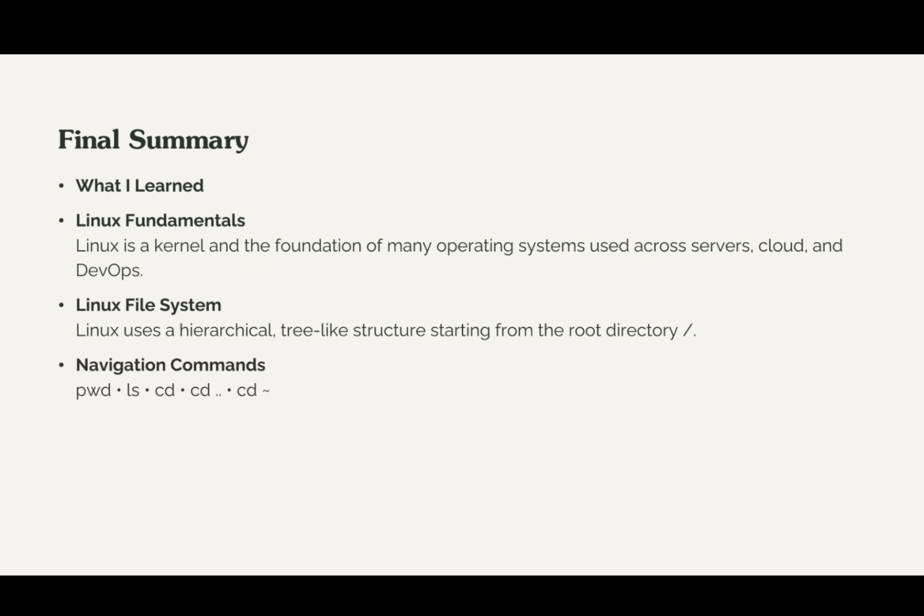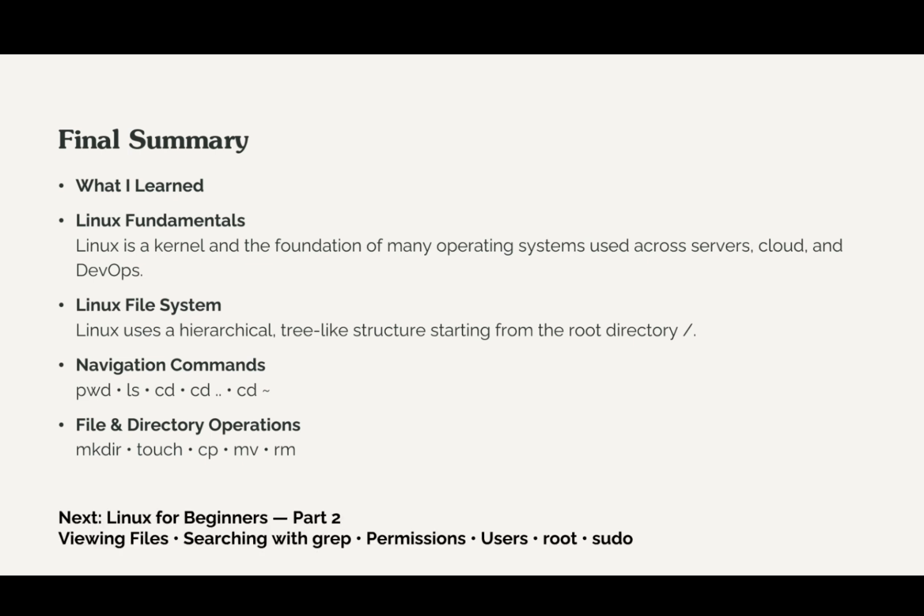Navigation commands are pwd, ls, cd, cd .., cd ~. File and directory operations are mkdir, touch, cp, mv, rm. We use these to create a new directory and a new file, copy the file, and move, rename.